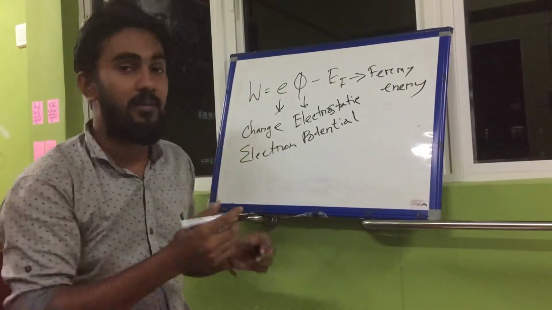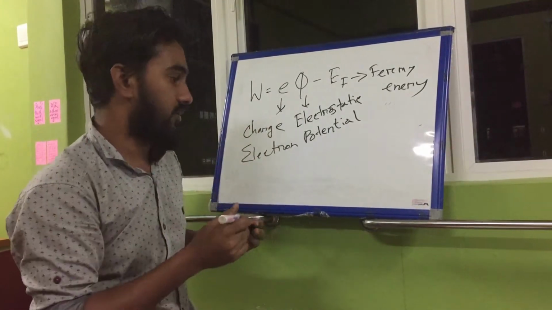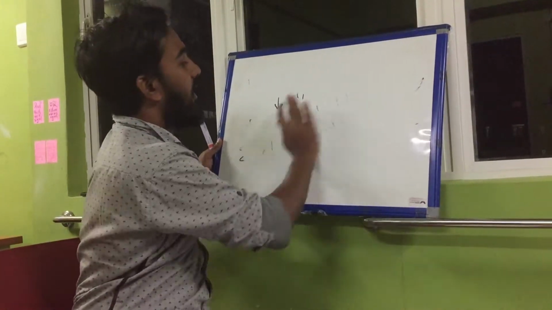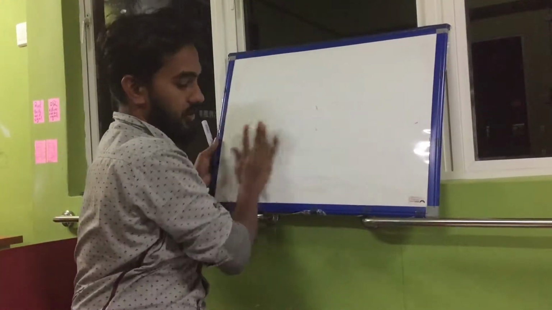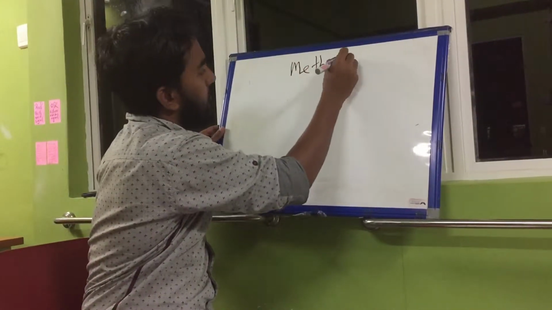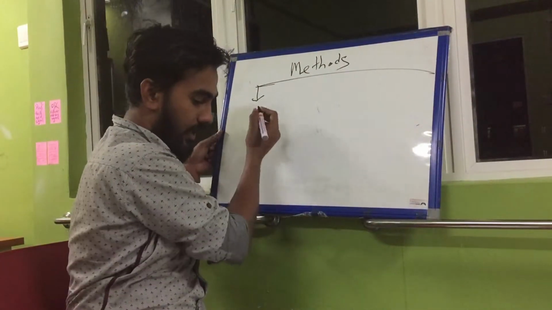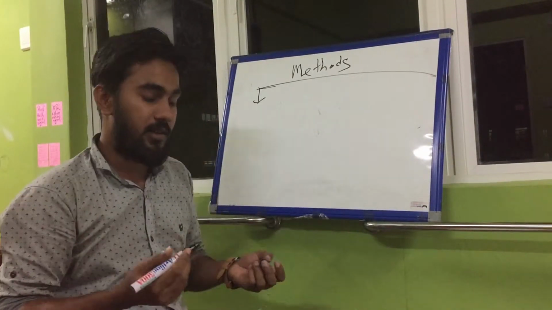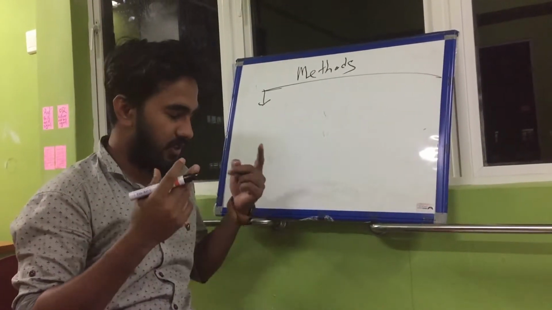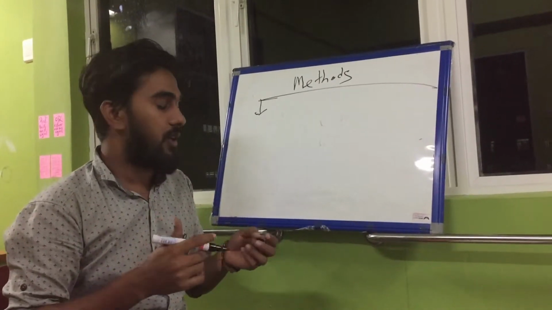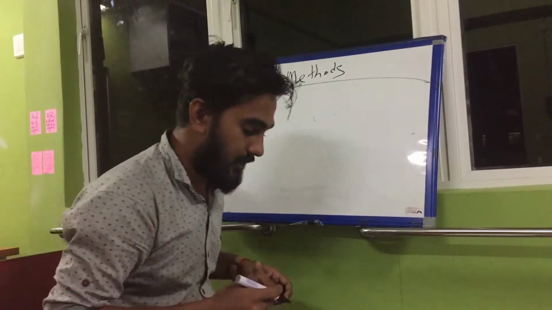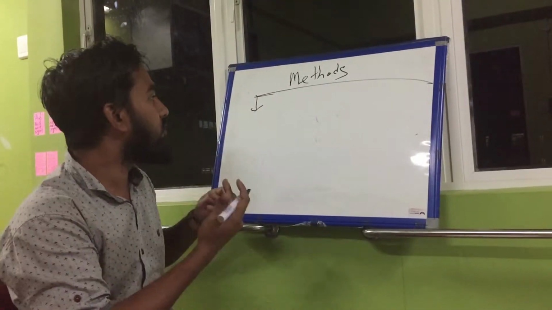Now, at this point, I need to show some methods. These are some vital methods for work function: thermionic emission, cold electron collector method, then photo emission, and the last important one is the Kelvin probe method.